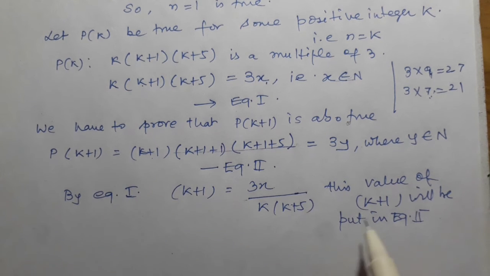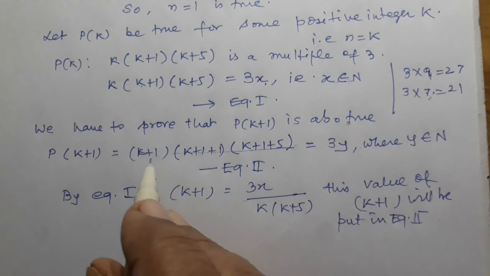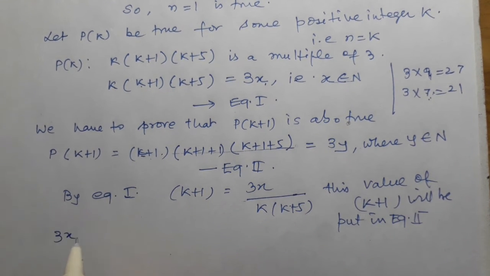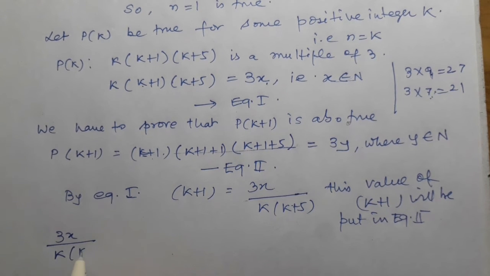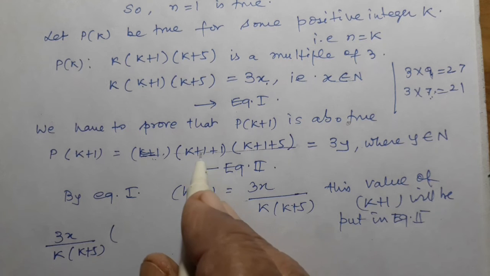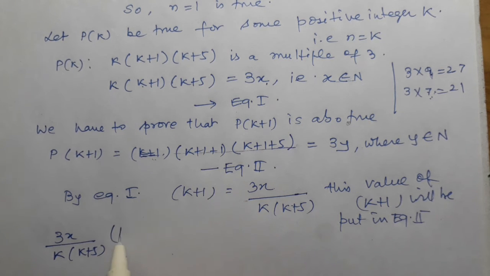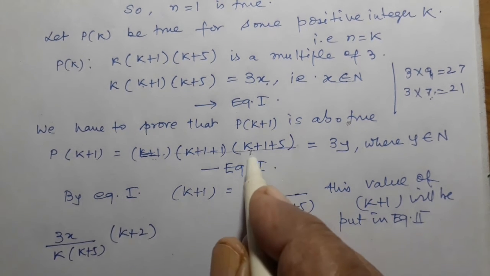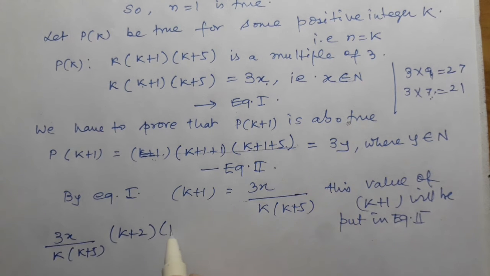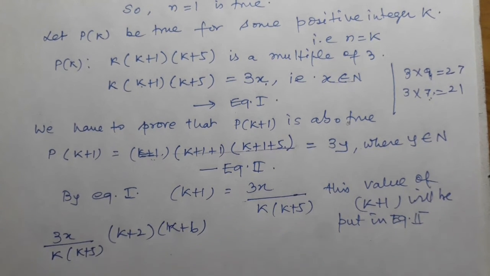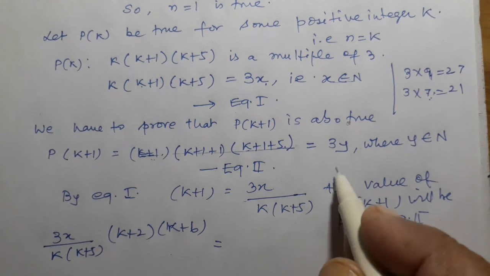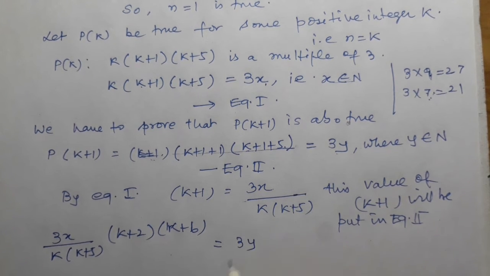So we shall write 3x by k into k plus 5 for k plus 1, into this k plus 1 means k plus 2, this k plus 5 plus 1 is 6, right, will be 3y, right?